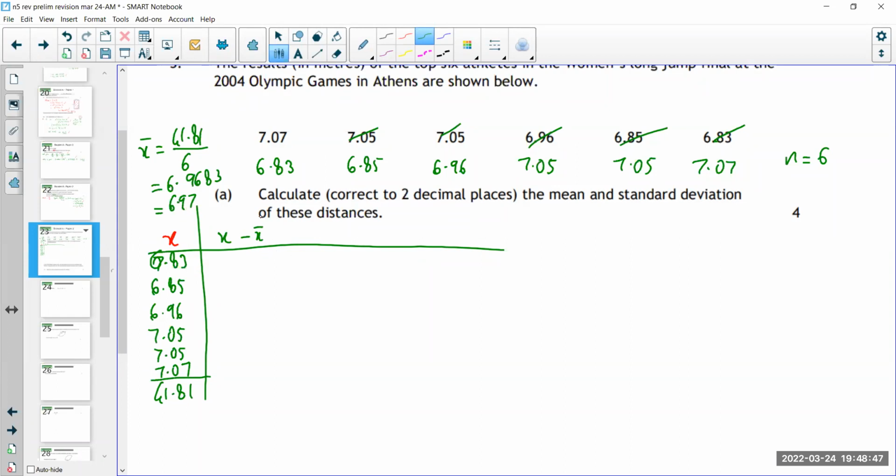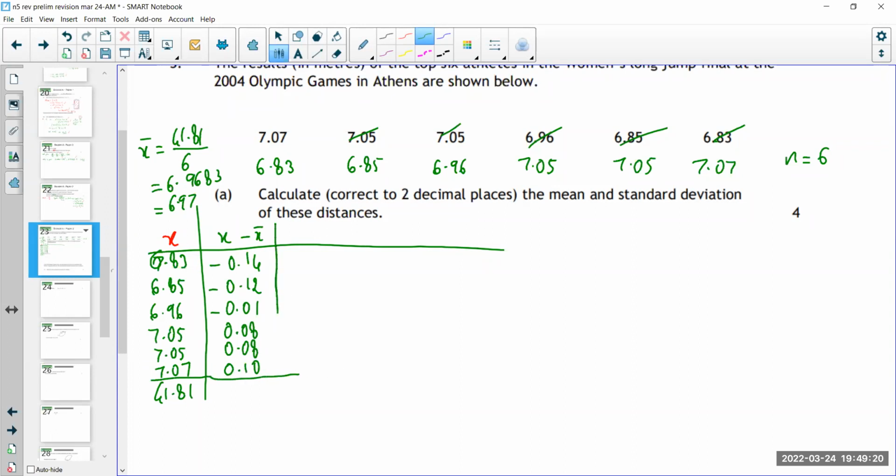And this time we do 6.83 minus 6.97, so you get minus 0.14, minus 0.12, minus 0.01, 0.08, 0.08, and the last one, 0.10.